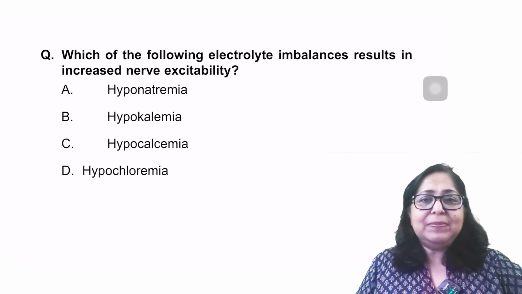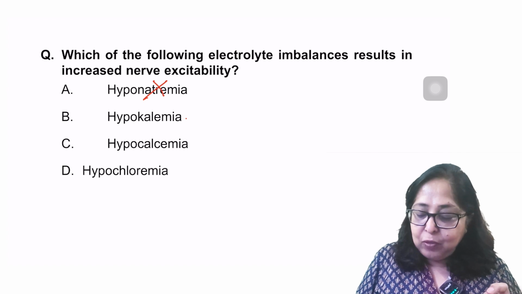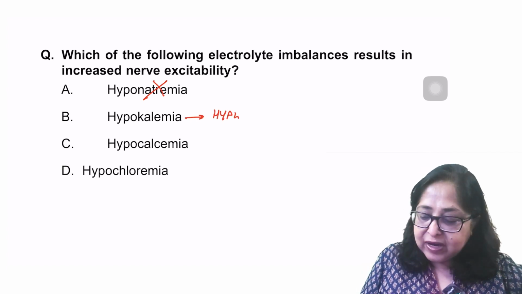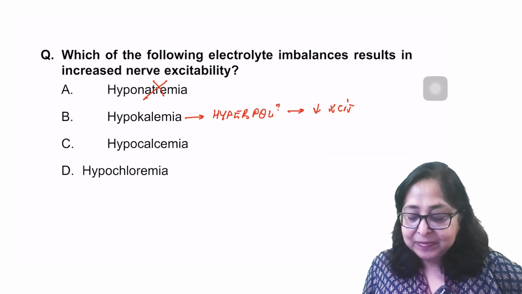Now, hyponatremia has nothing to do with nerve excitation. Hypokalemia causes a hyperpolarization, which leads to a decreased excitability, not an increased excitability.